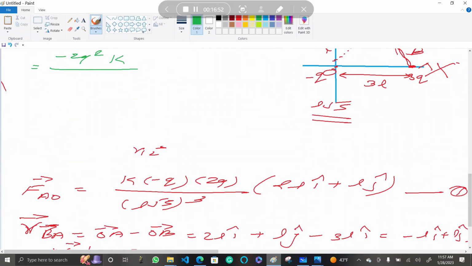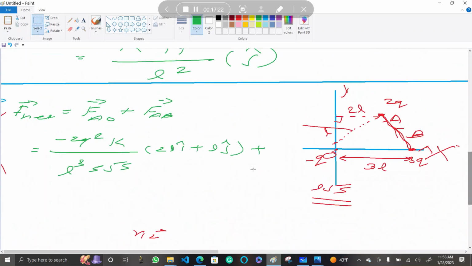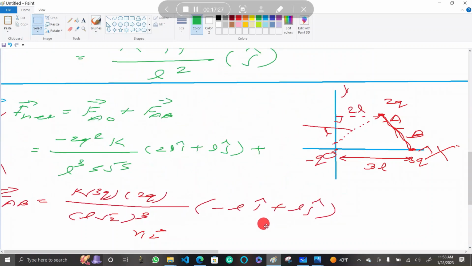This I can write as L cube into 5 root under 5, and the direction is 2Li plus Lj. And the force on A because of B is this, so I will just copy this expression and paste it here. Let me bring this down.